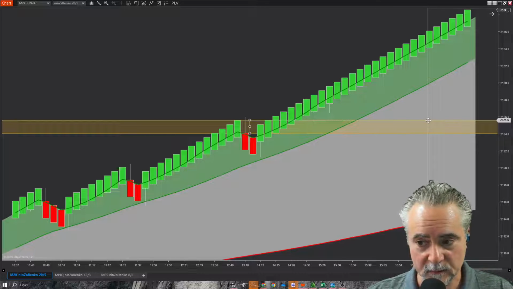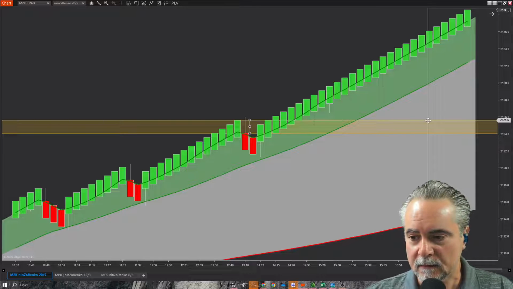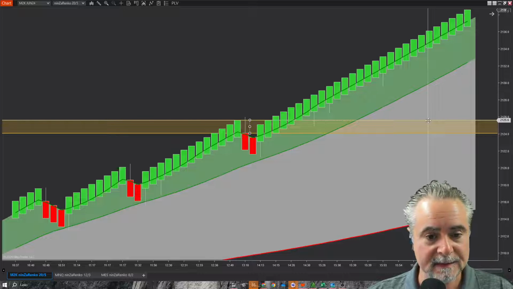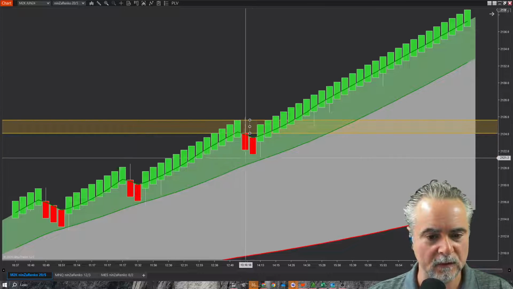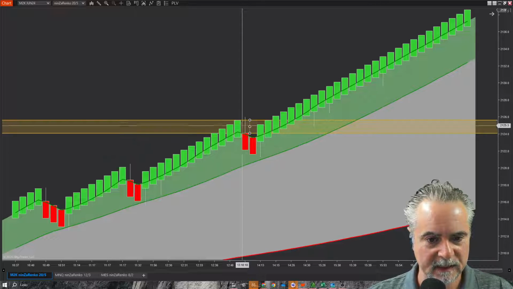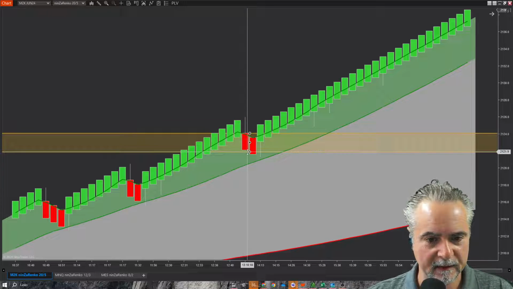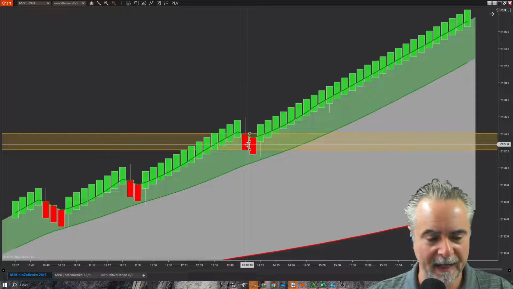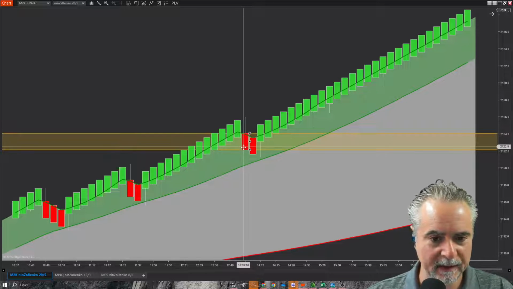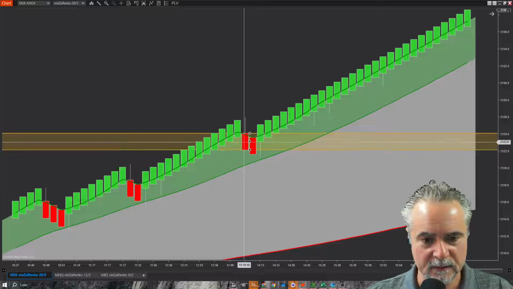So that would be 14 ticks of reversal, and this candle actually has to print all the way down the full 20 ticks before it actually prints. So it could wick down 19 ticks, turn around and go back up.